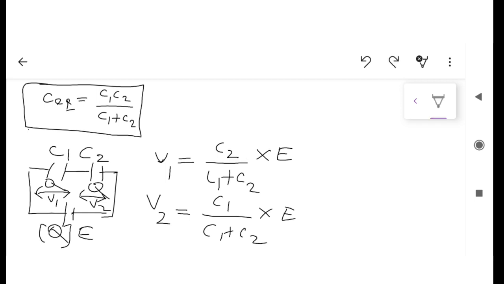Likewise, we can write the voltage across the capacitors.